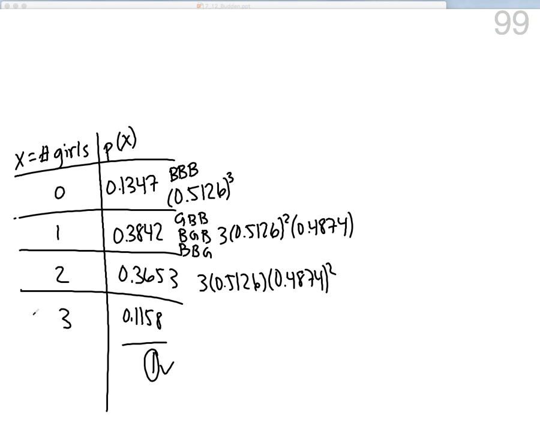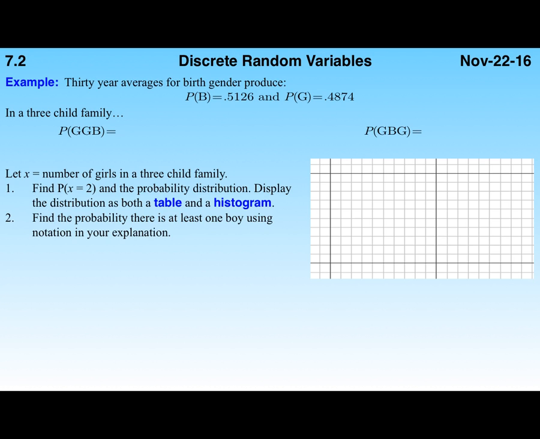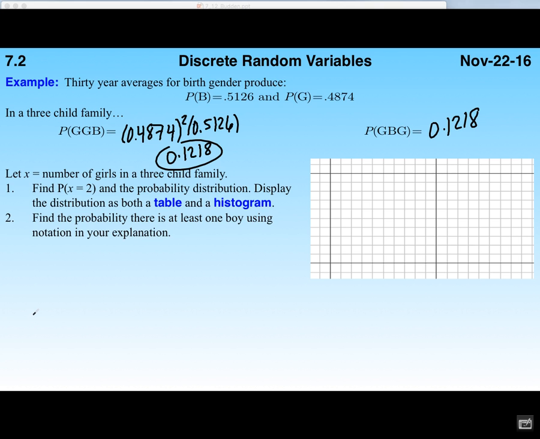Okay, are we ready to draw a histogram for it? So we need to get to 3 girls. So split this in half, and this is 0 girls, 1 girl, 2 girls, 3 girls.